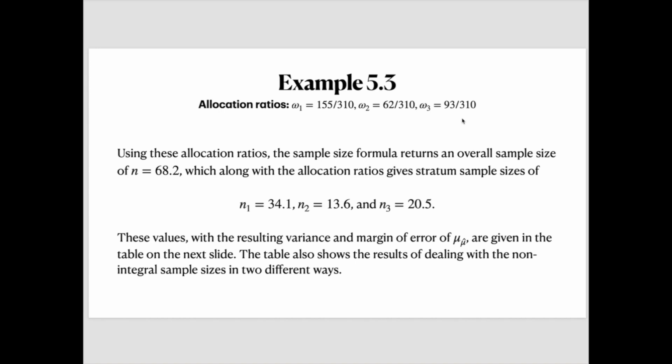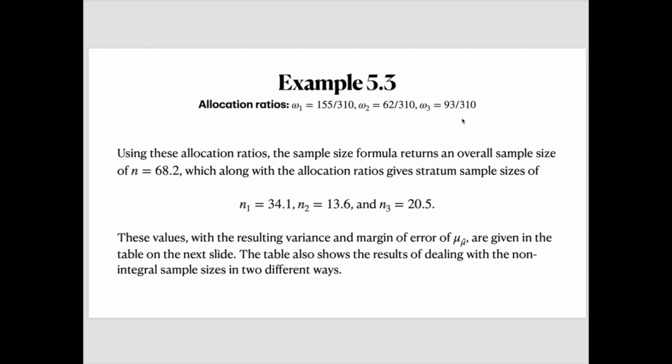So with this set of allocation ratios, whatever our sample size ends up being, this says we're going to get half of our sample from stratum 1, 20% of our sample from stratum 2, and 30% from stratum 3.